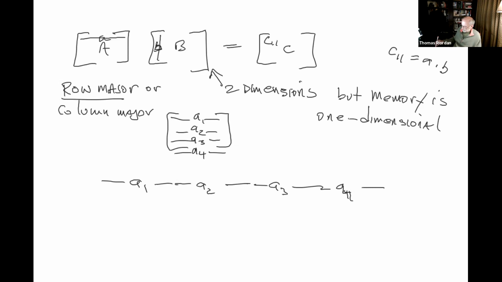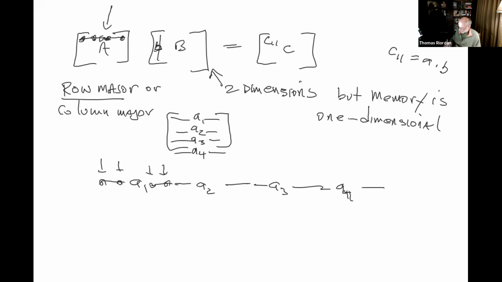And so here's the problem. You can see that as we access the elements of A, say there's 4 of them here, they will come sequentially in memory. So it's quite easy to access them.